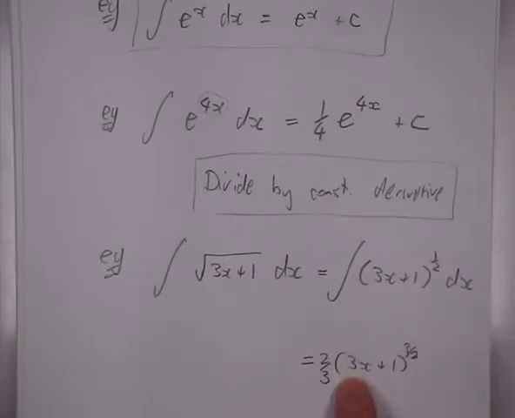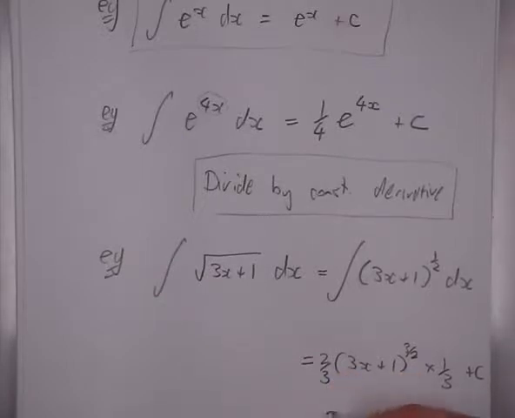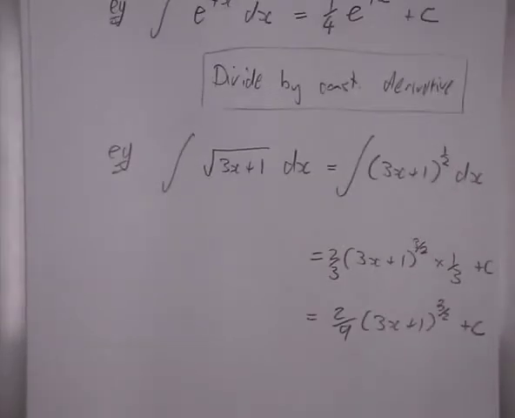But because the inside has a constant derivative, I can just divide by 3 as well. Or times by a third, if you like. So the 2 times 1 is 2, and the 3 times 3 is 9. That's how I got my 2/9.